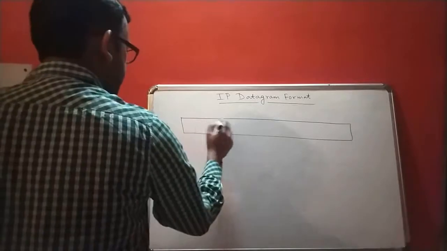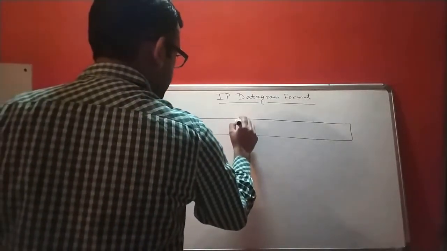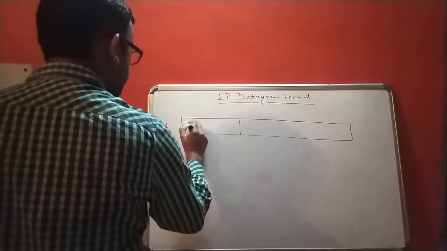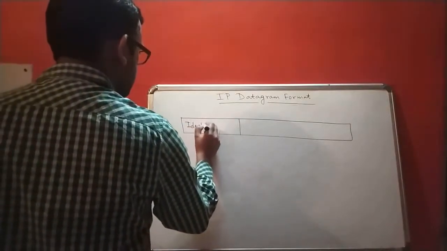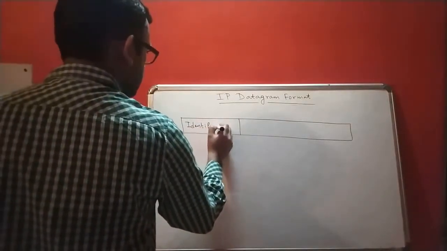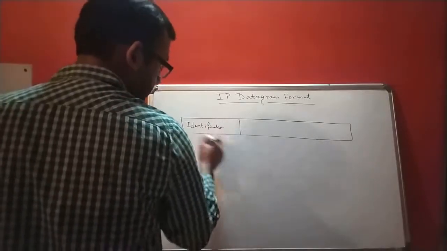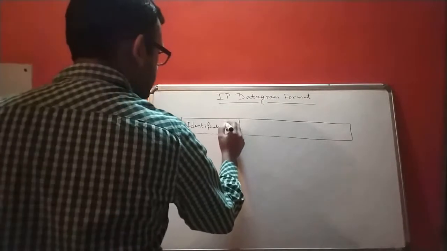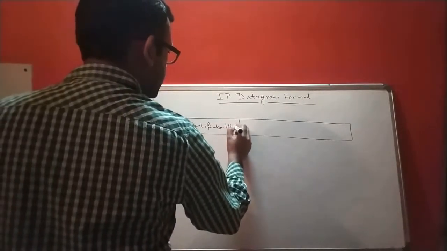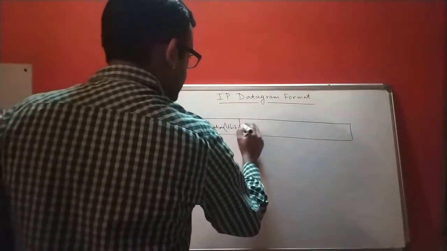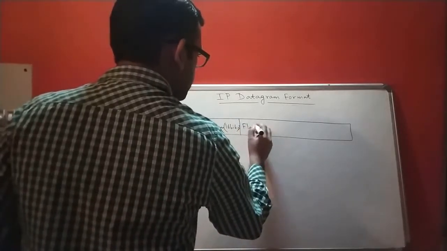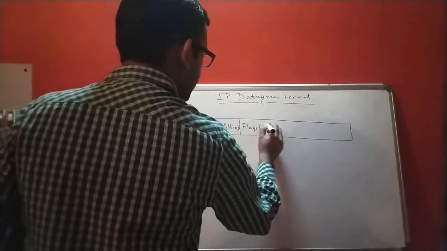See, the first field, there are 3 fields, right? The first field is the identification field, and it consists of 16 bits. The next 3 bits together make up the flag bits.